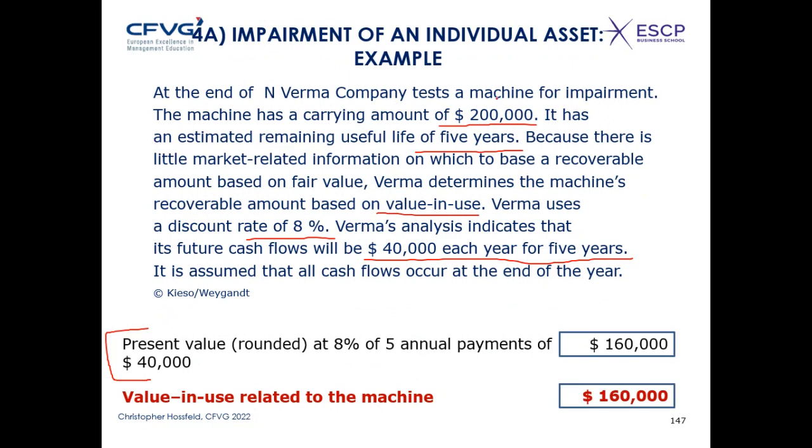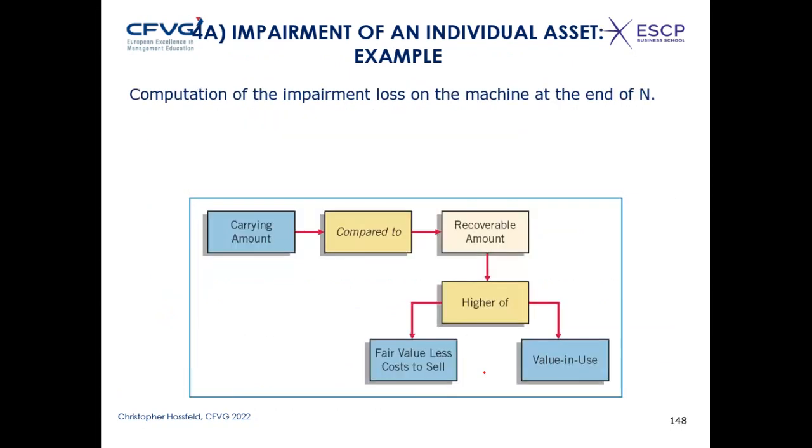In other words, 200,000 is the book value, 160 is the value in use. That means in our decision tree, we have the book value of 200,000. We have no fair value because it's unknown, but we have a value in use of 160, and the same value in use is my benchmark value, my recoverable amount.